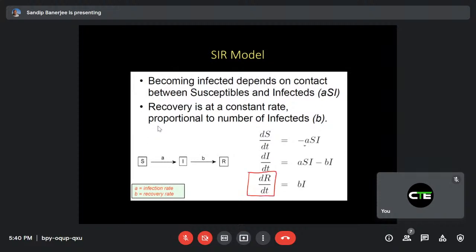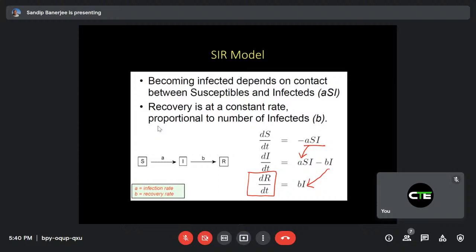You get infected when you come in contact with a person who is infected, and you move to the infected class. From the infected class, in the previous model, you moved back to the susceptible class, but here you are recovered, so you are now in the recovered class.